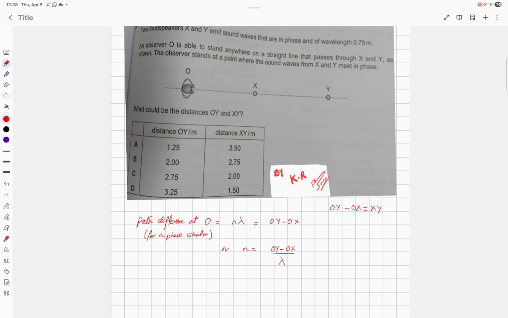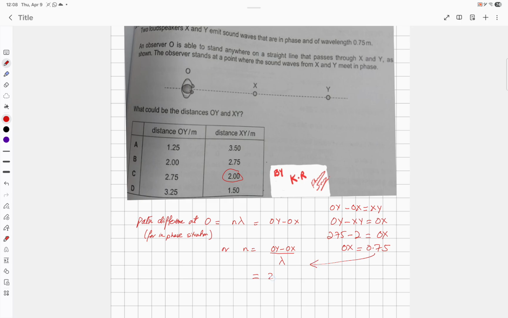In option C, XY is 2, which is smaller than OY, so I can consider option C. OY minus XY equals OX. OY is 2.75, XY is 2, so the value of OX is 0.75.